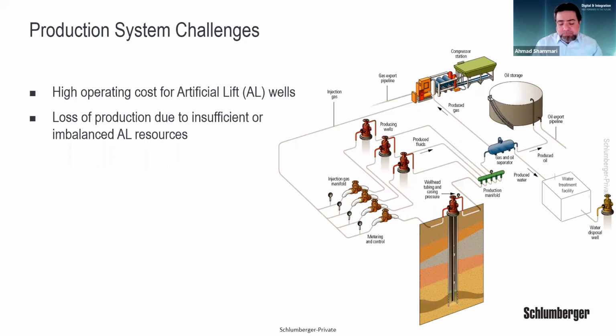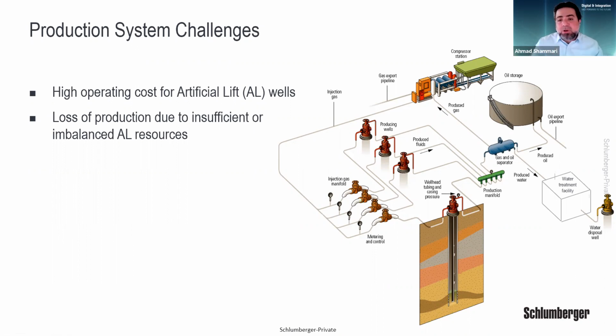So sometimes, in this case here, you have a gas lift system, and you are controlling how much gas goes to each well using the chokes, right? Sometimes the gas injection rate is not enough for certain wells. Sometimes we are over injecting it in other wells.